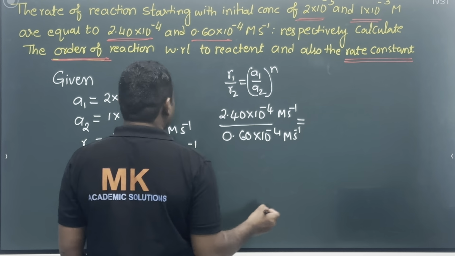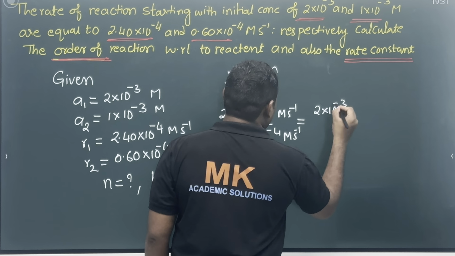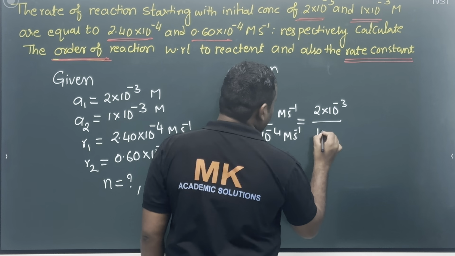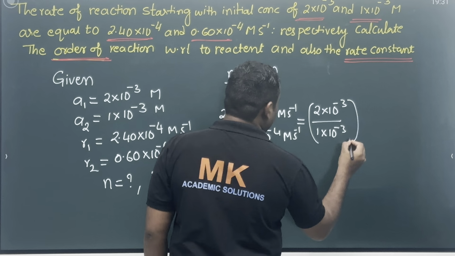What is A1? Initial concentration 1 is 2 into 10 power minus 3, and second initial concentration is 1 into 10 power minus 3, whole power n.